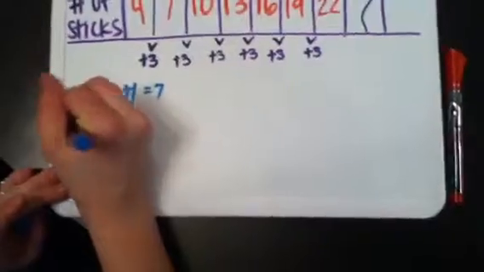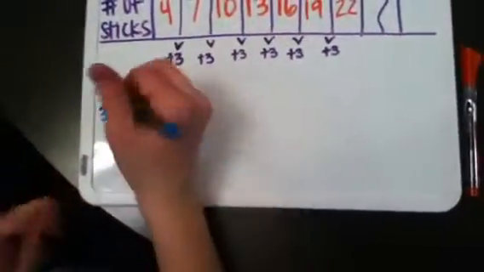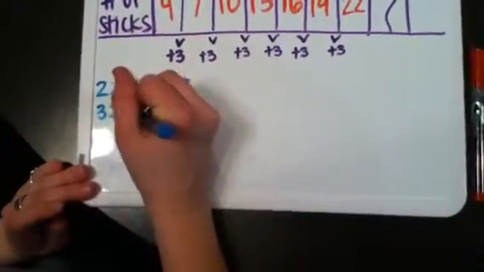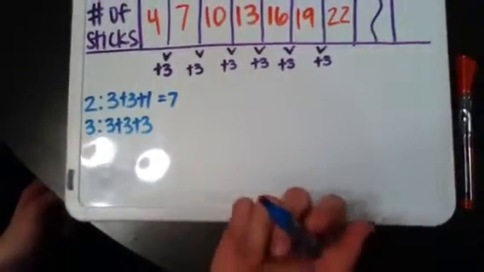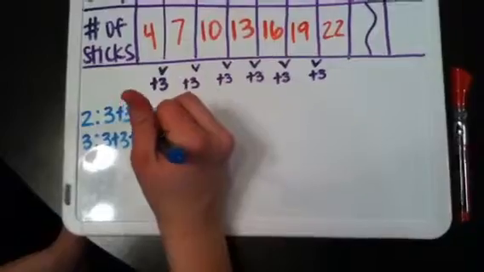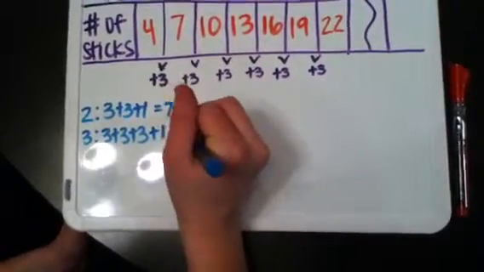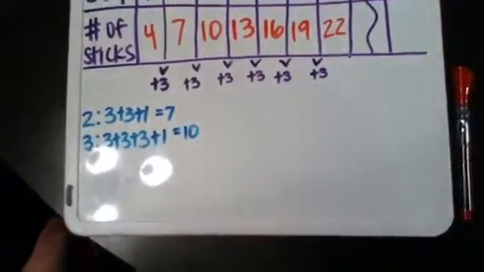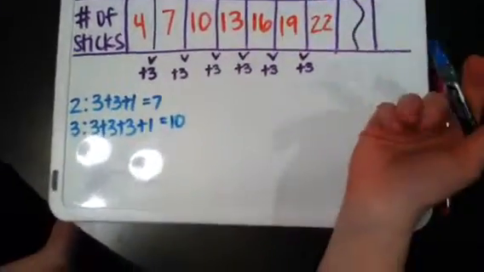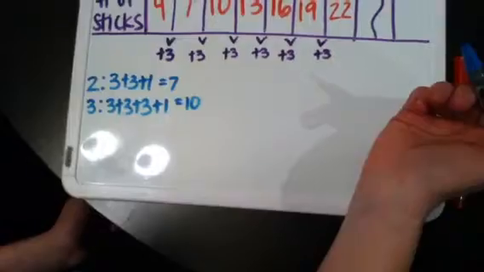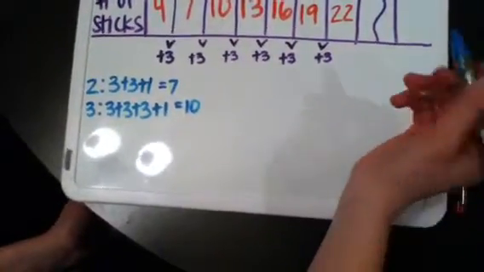Now let's look at our 3. 10. We know that there were 3 3s to make 9, 3 plus 3 plus 3, but we need to make 10, so we add 1 more. So this equals 10. Instead of adding up all these 3s the entire way, there's something we can use to make things a little simpler, and that's multiplication.